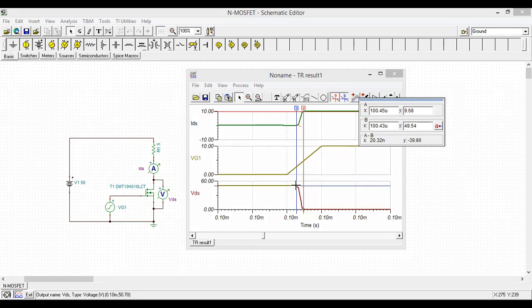You can find the average voltage and the average current, and multiplying them gives you the average power dissipation during this period. That is the power, but the energy consumption is, you have to multiply it by this time duration, 20.32 nanoseconds.